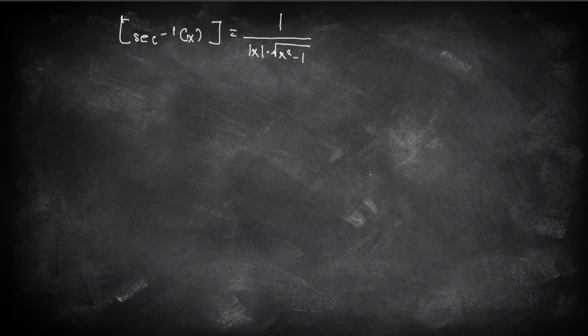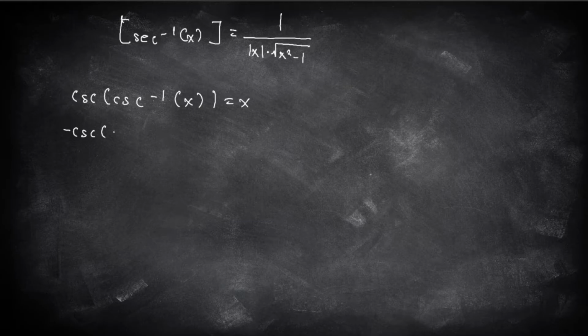Okay, now let's work with cosecant. Cosecant of the inverse cosecant is equal to x. The derivative of cosecant is negative cosecant times cotangent.